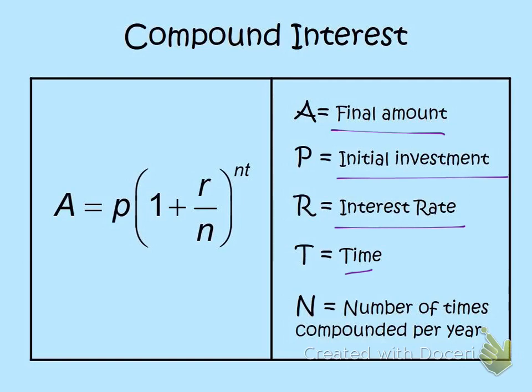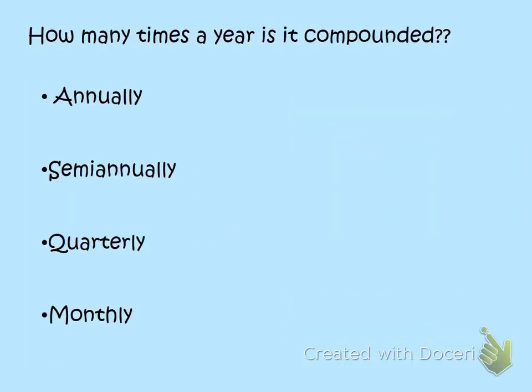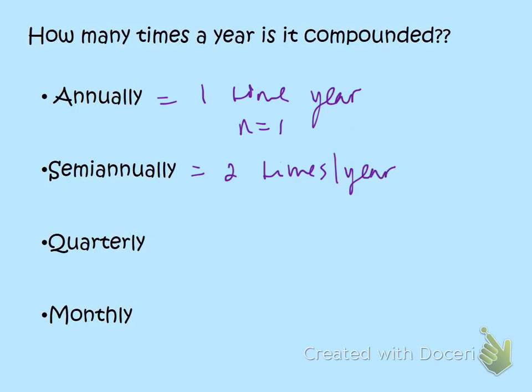And it might differ. It might be an annual compound, might be semi-annual, might be quarterly, might be monthly. And so we've got to know what that means in terms of how many times you're going to get paid. So I think this will make a lot of sense, but obviously if you get paid annually, that's 1 time per year. So N is going to be 1. Semi-annually means you're going to get paid 2 times per year, which means N is going to be 2.